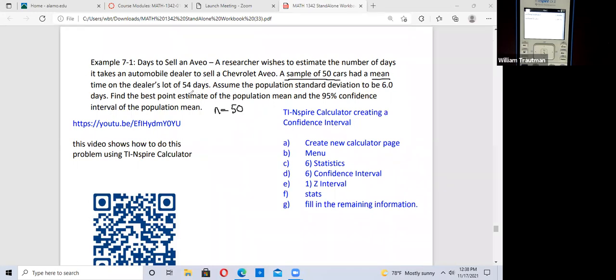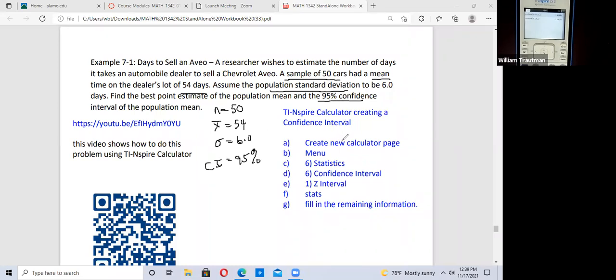Mean is average of 54 days. Population standard deviation is 6.0. And we want a confidence interval of 95%.